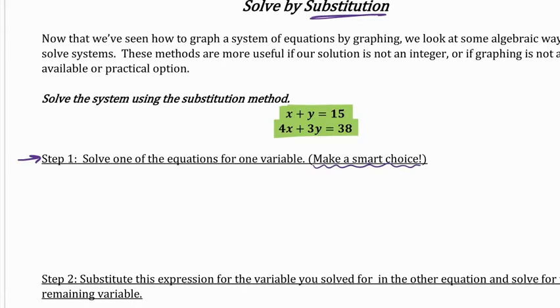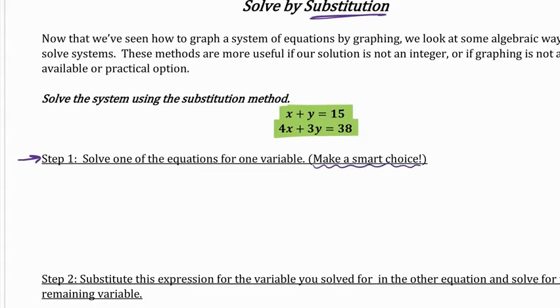But what I mean by make a smart choice is if I take the second equation, 4x plus 3y equals 38, and I solve that for, let's say, y, I move over the 4x. I would subtract 4x over here, and then I'm going to have to divide everything by 3. Well, 38 is not divisible by 3, and 4 is also not divisible by 3. So we're going to end up with fractions there, which will make your work just a little bit more complicated.